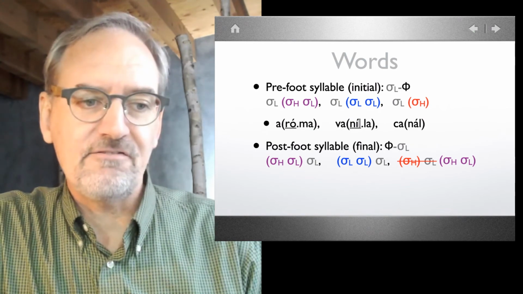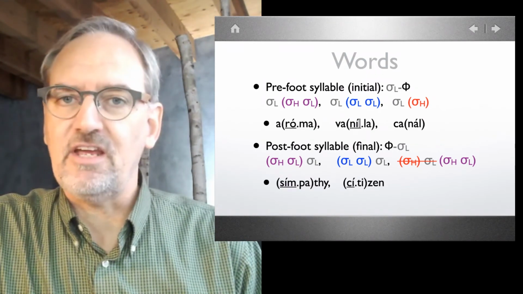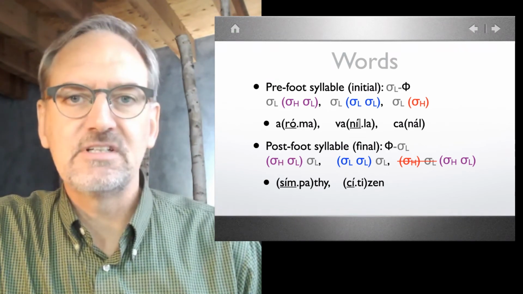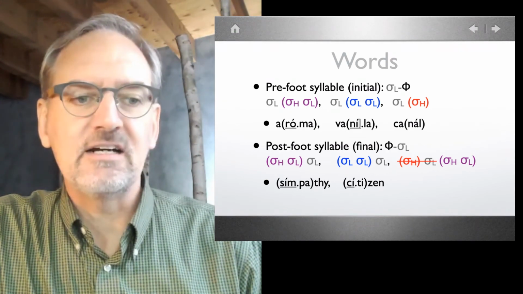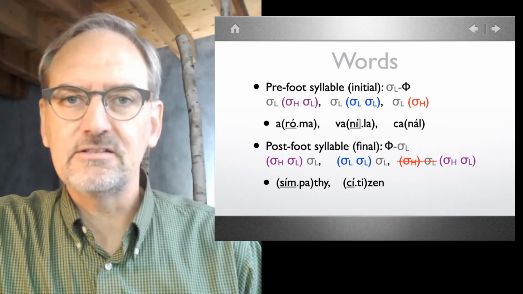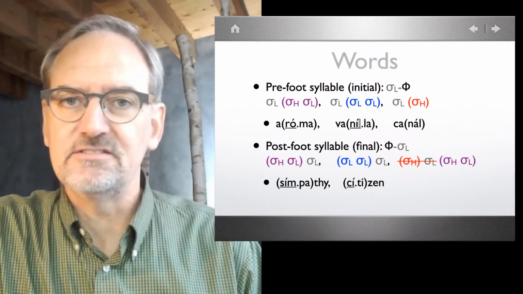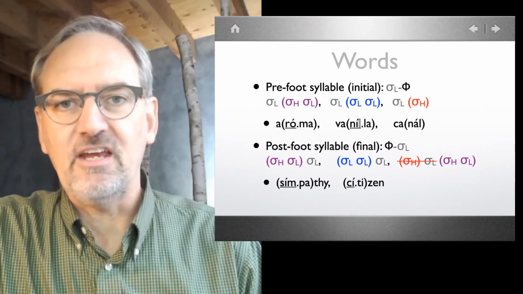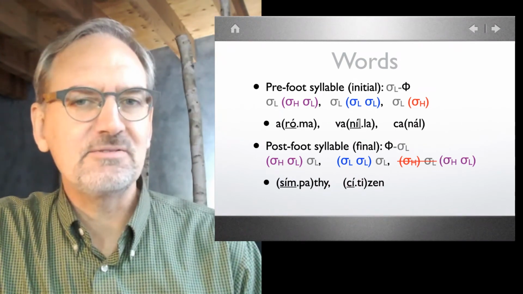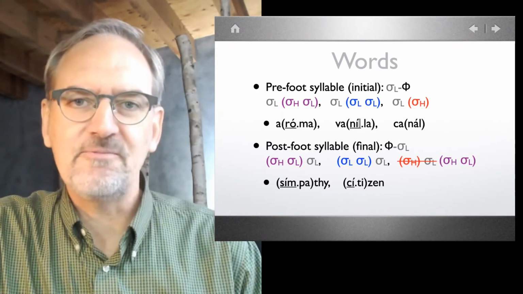Right? Words that fit these examples are like sympathy. Right? Sympa is a foot. Thy. Sympathy. Citizen. Citizen. Citi is the foot, followed by zen. Now, sympathy, that final syllable, thy, you might notice is not usually pronounced with schwa.